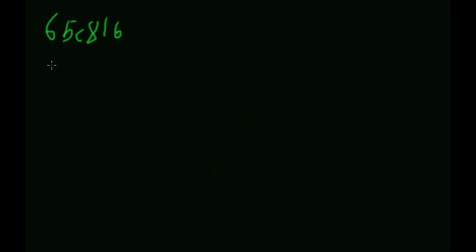It's generally easy. 65 means it's part of the 6502 family. C means CMOS. 816 means the registers can be either 8 or 16-bit. So don't you feel special now, because you know what that means. Let's actually see how it works.